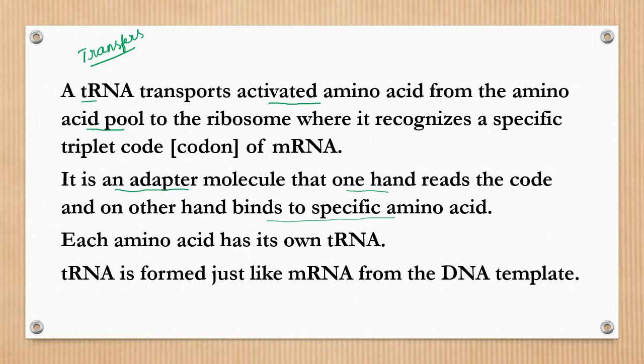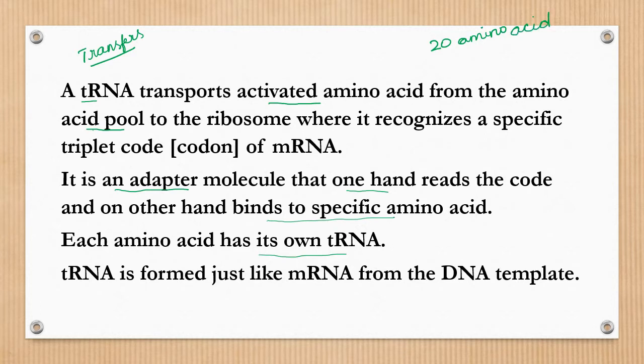So each amino acid has its own tRNA. tRNA is not common for all 20 amino acids. We already know that 20 amino acids are present in our body.